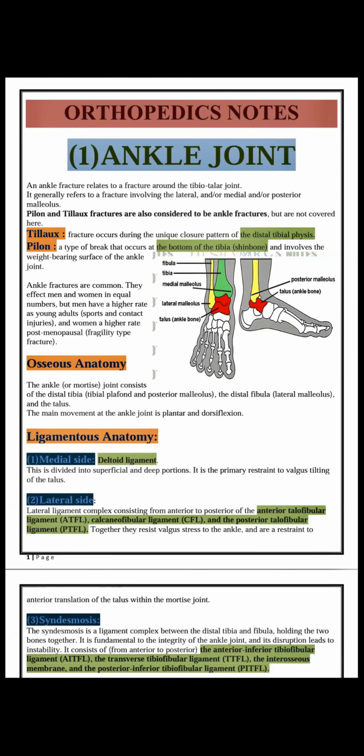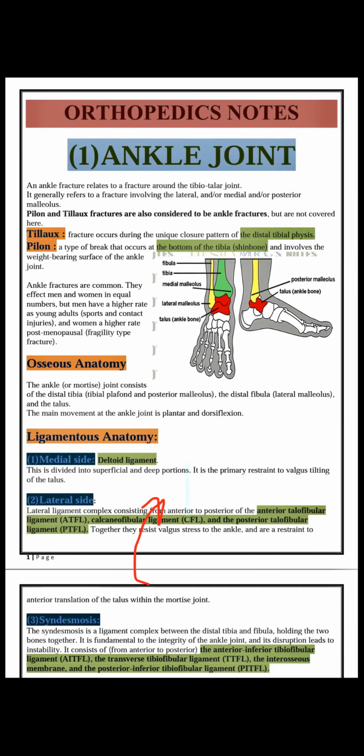This plays a very important role against valgus tilting of your talus. Valgus is outside movement of your joint, and varus is inside movement of the joint. So once you are doing valgus, there is a resistance over the medial aspect, which is the deltoid ligament.